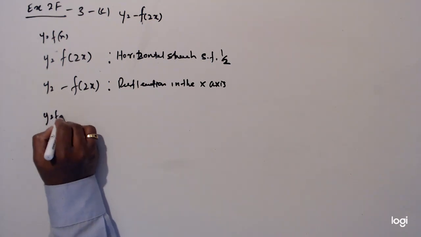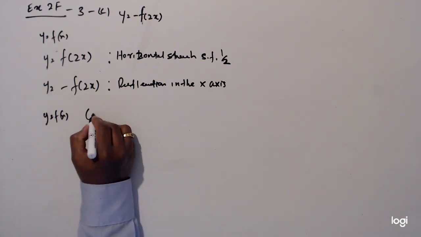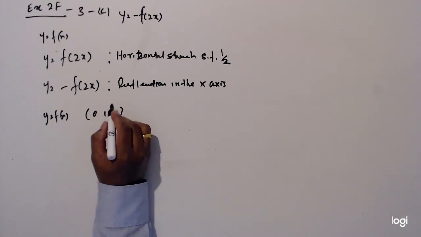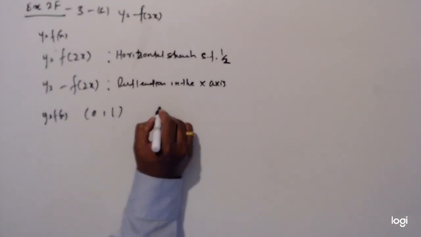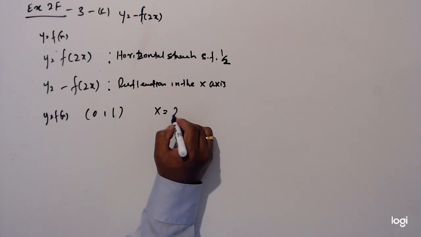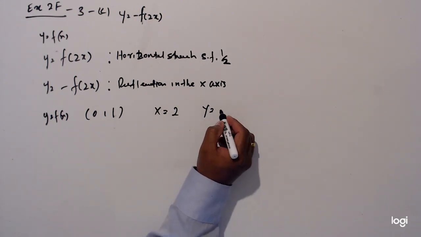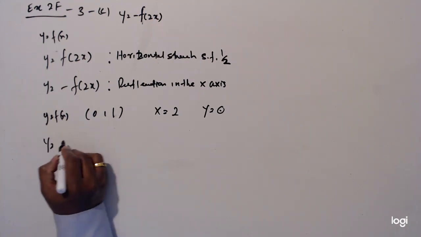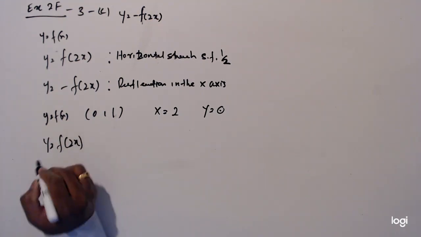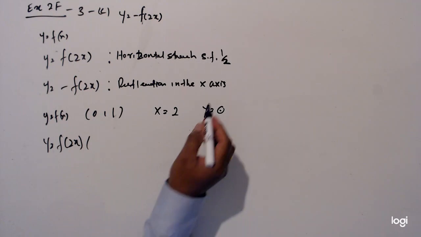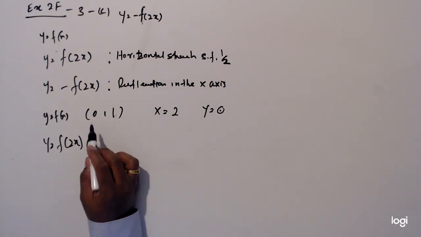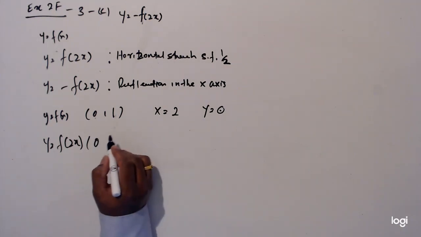So y equals f(x), we have the (0, 1) point, and x equals 2 as an asymptote and y equals 0. Now y equals f(2x). The scale factor is half, affecting the x value. 0 times half is 0.